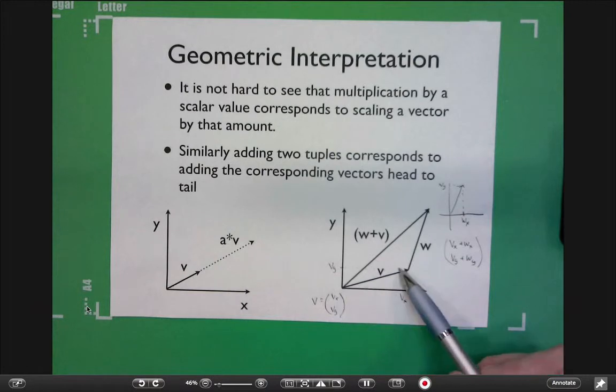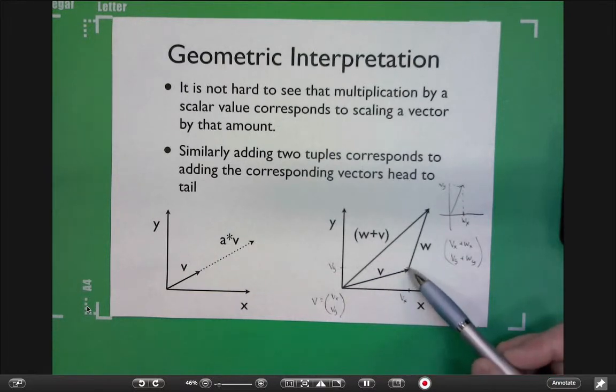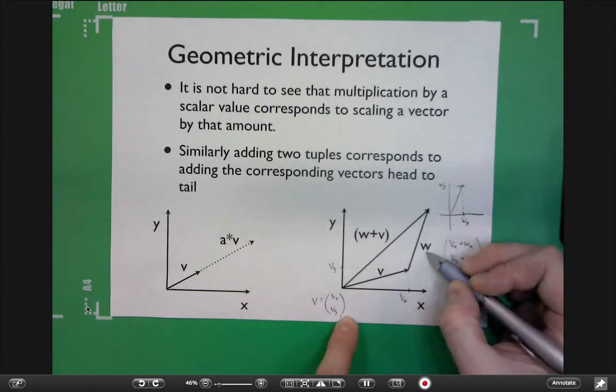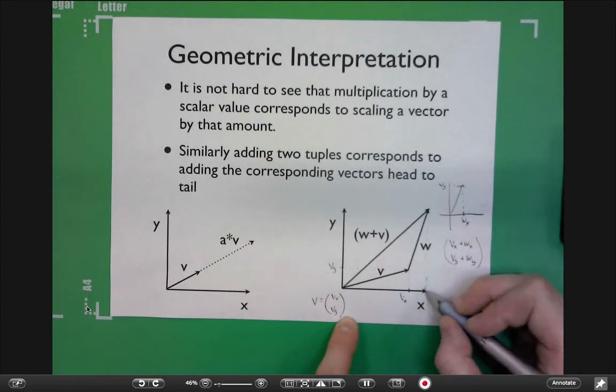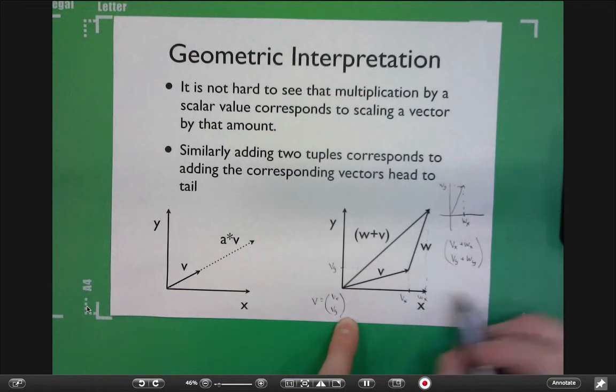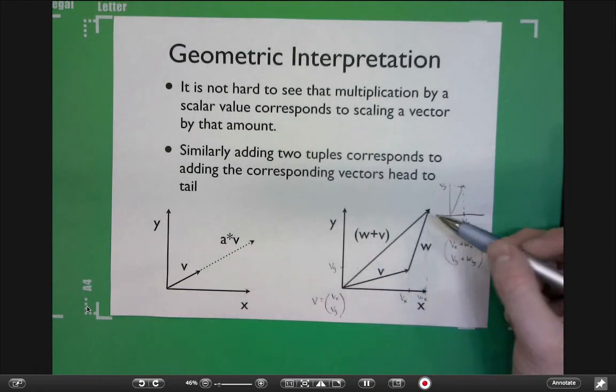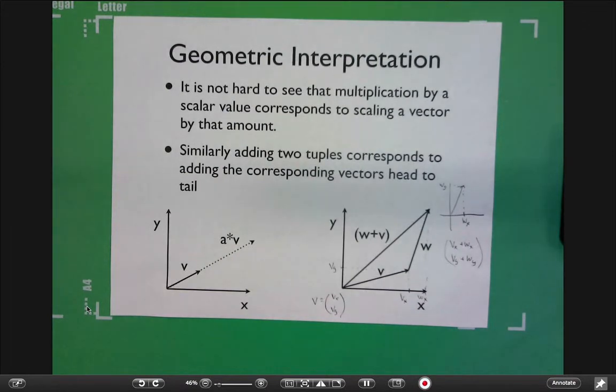I can first draw the one arrow and the other arrow going from there. So this means adding the vx plus this wx here. So this is the wx. I add them together and I get the first component of the vector, which is the sum of them. The same way it works for the other component. And guess what? The same way it would work for any number of components.